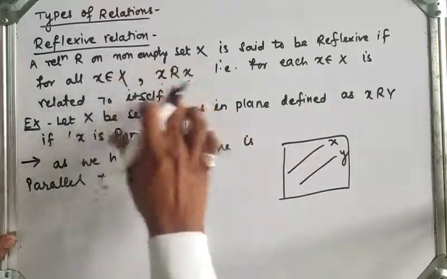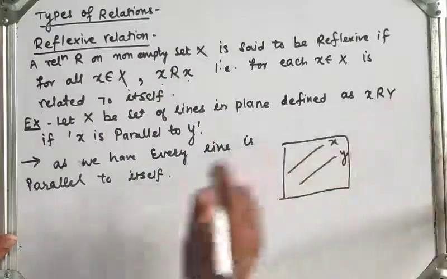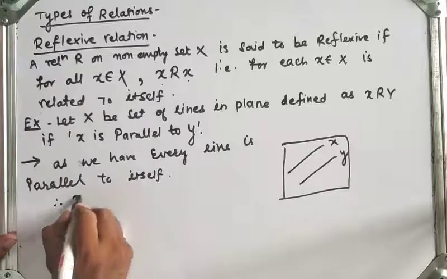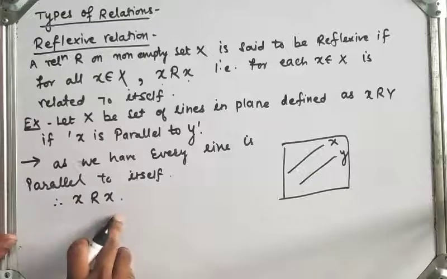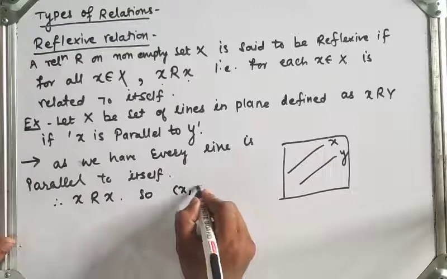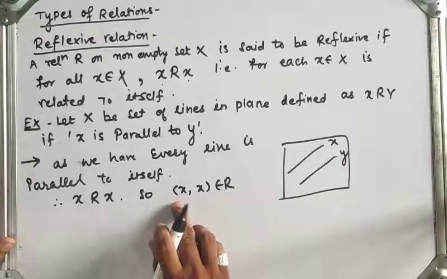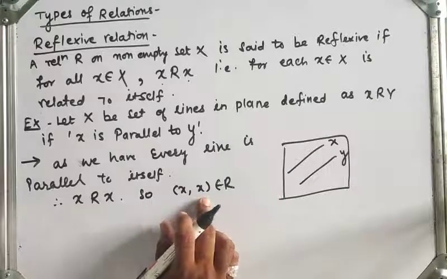Here we have only a single element, hence we replace y by x. So what will we get? Parallel to itself. Therefore x is related to x, means every line is parallel to itself. So the ordered pair (x, x) belongs to R, means x is related to x.